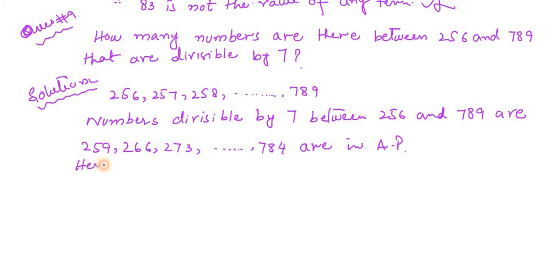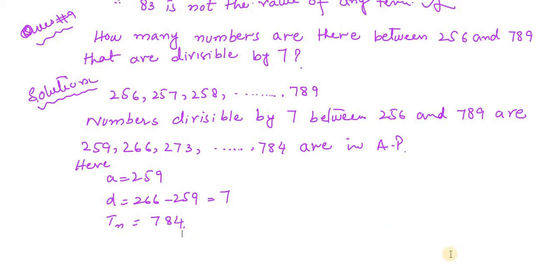Here a is equal to 259 and d is 266 minus 259, which is 7, a fixed number. And the last number which is divisible by 7 is 784.